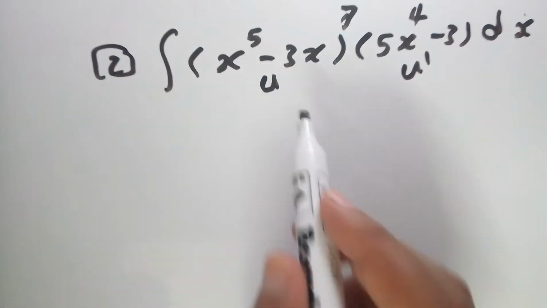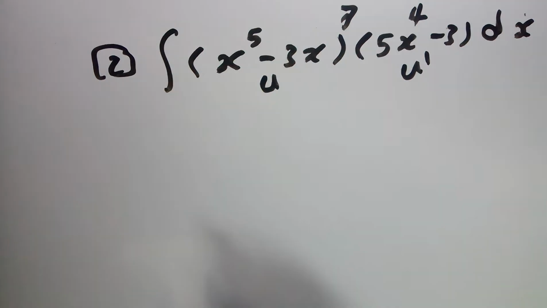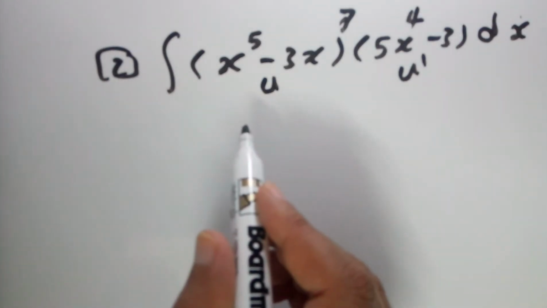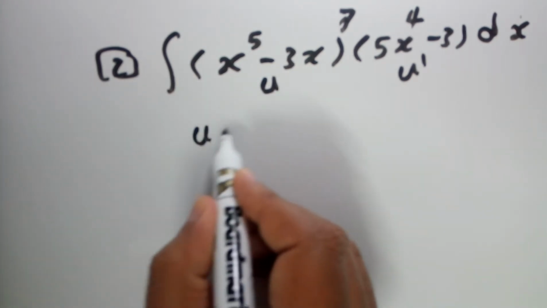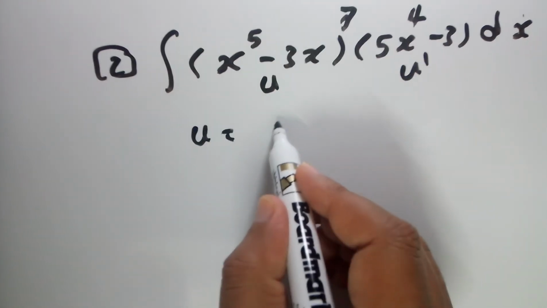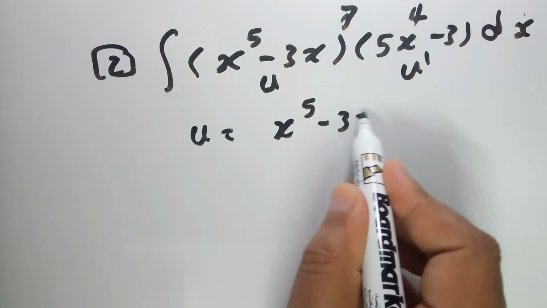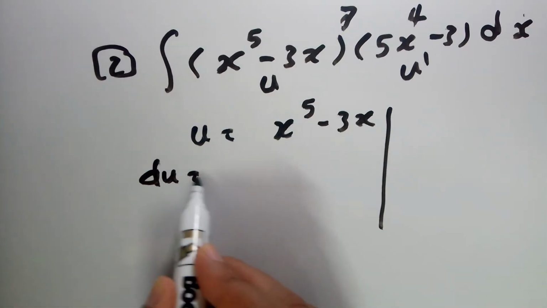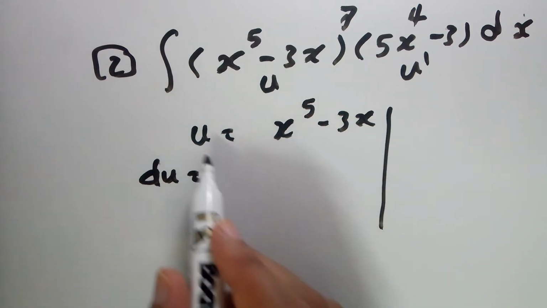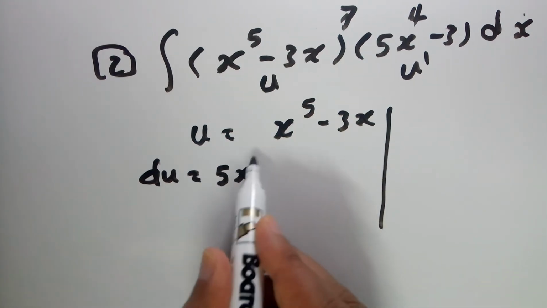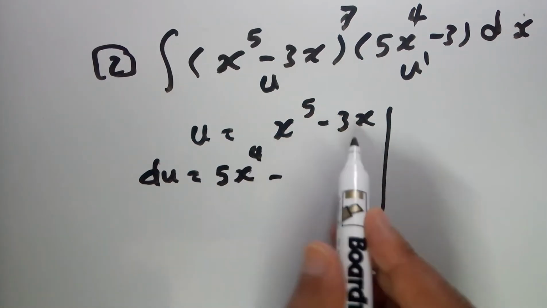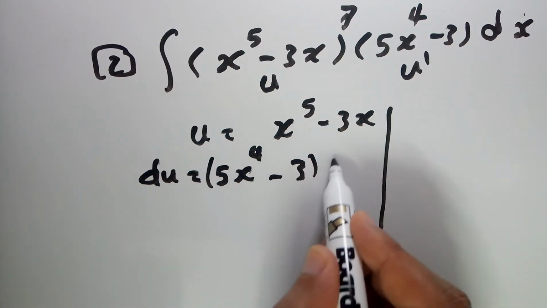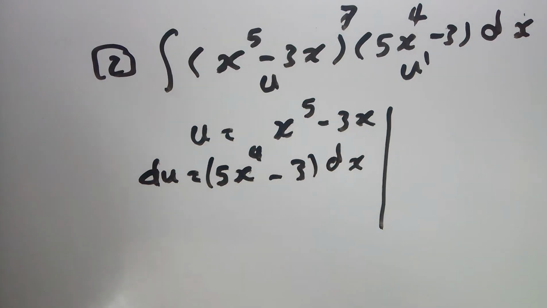Now, u to the power 7, where u is equal to x to the power 5 minus 3x. Then du equals 5x to the power 4, subtract 3, since the derivative of 3x is 3, with respect to x.